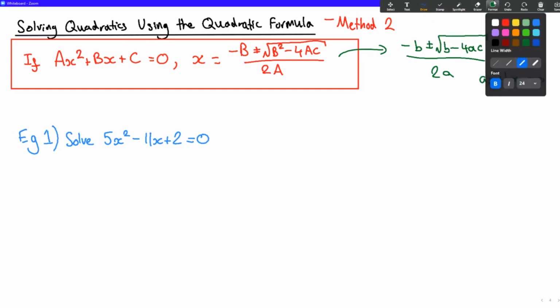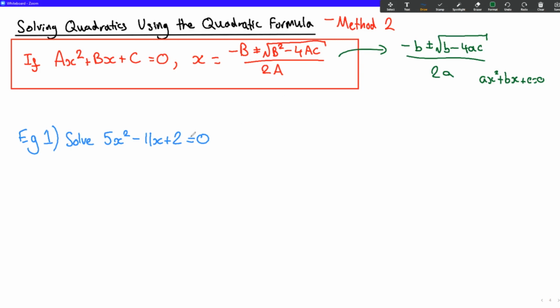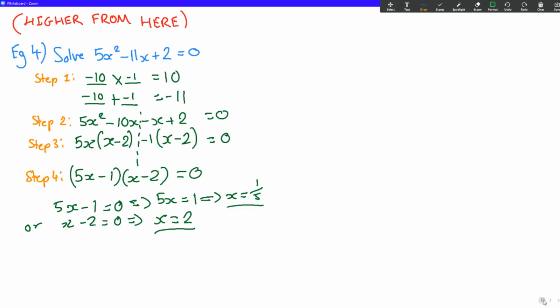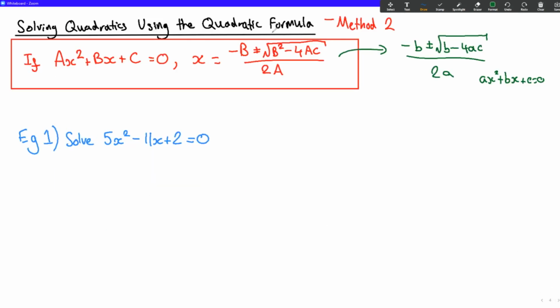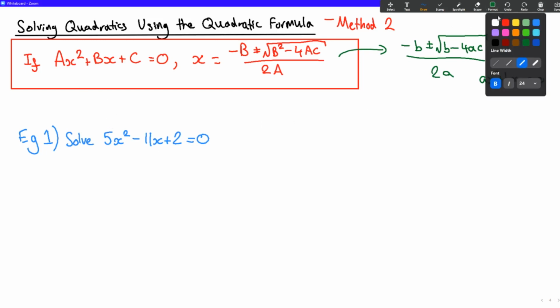Okay. So how do we actually use this? Here I've brought this exact same quadratic that we used in the last example, but instead of using this long-winded method, we're going to use the quadratic formula. So let's figure out what our a, b, and c are.